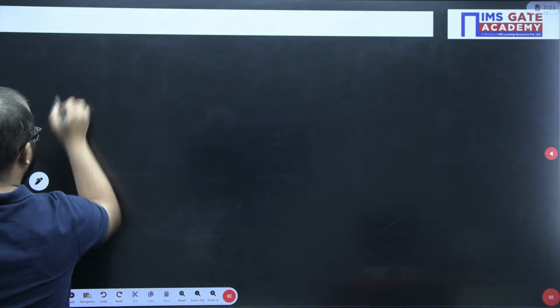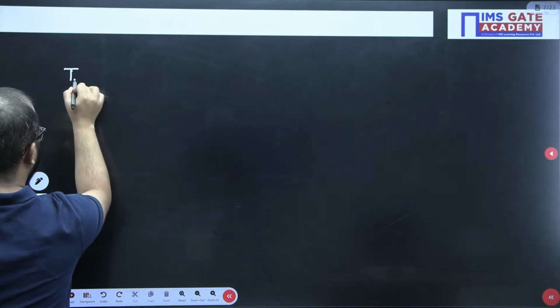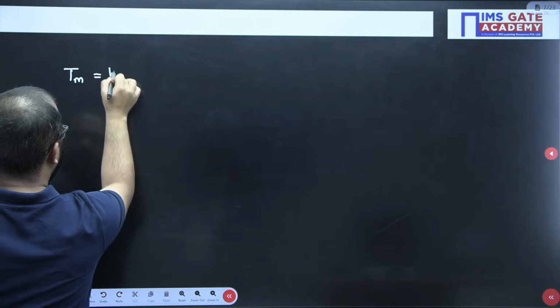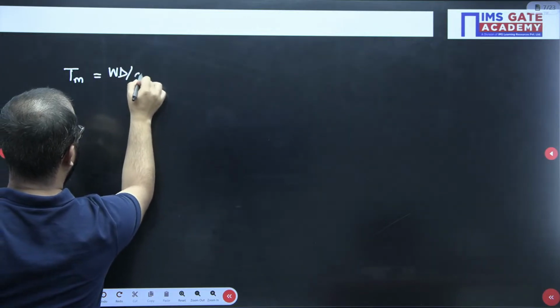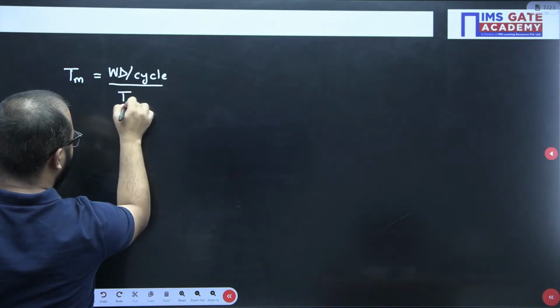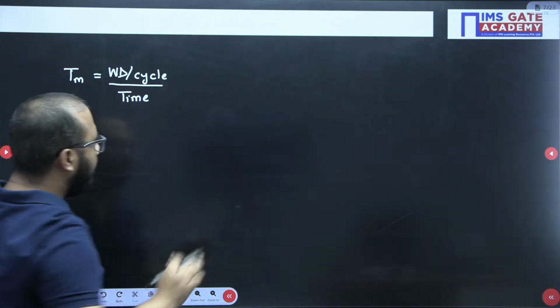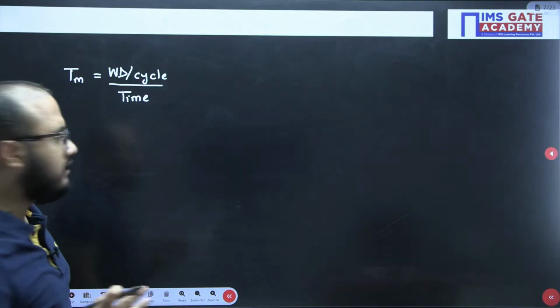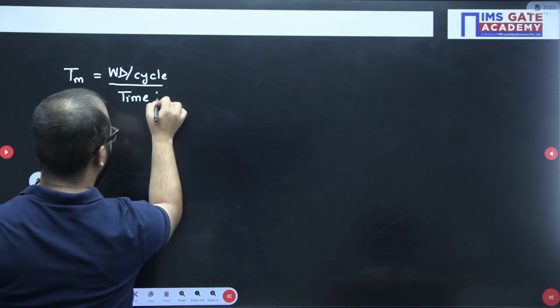First of all, you should understand that mean torque is work done per cycle divided by the time period. We have seen a lot of problems where we have used this relation, right? Work done per cycle divided by time period.